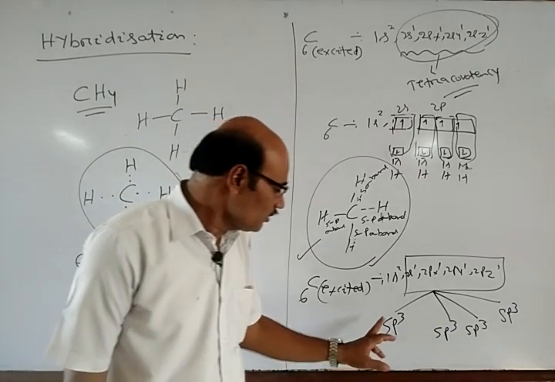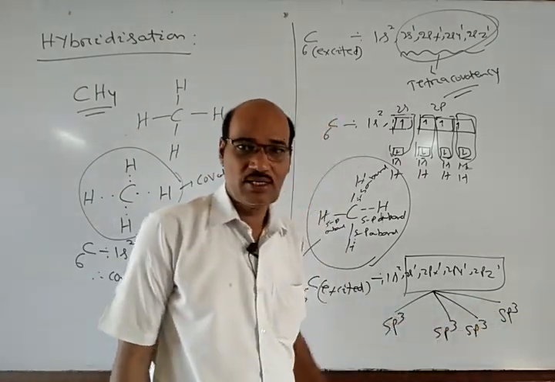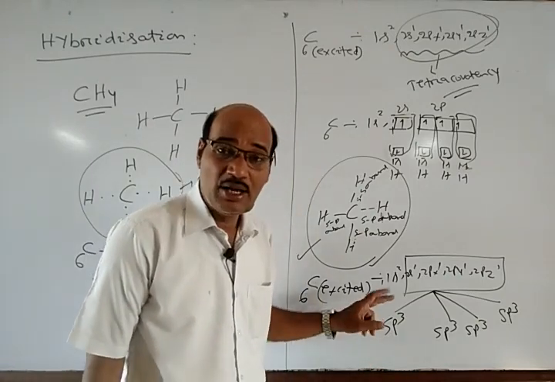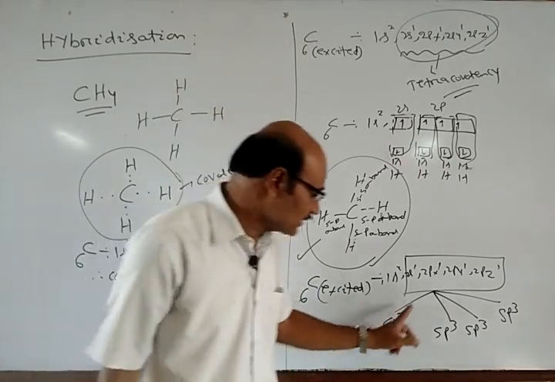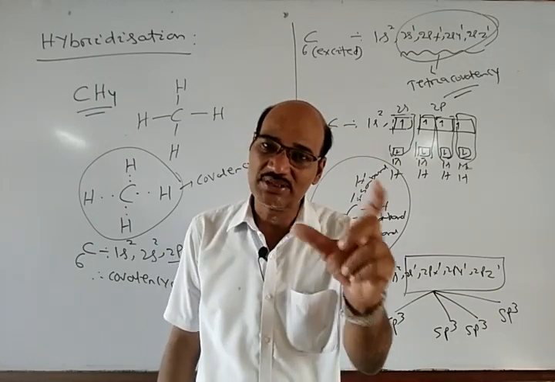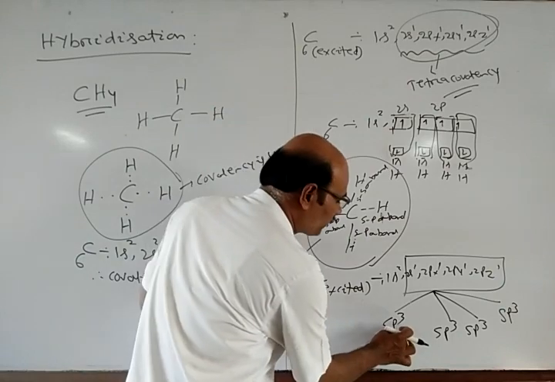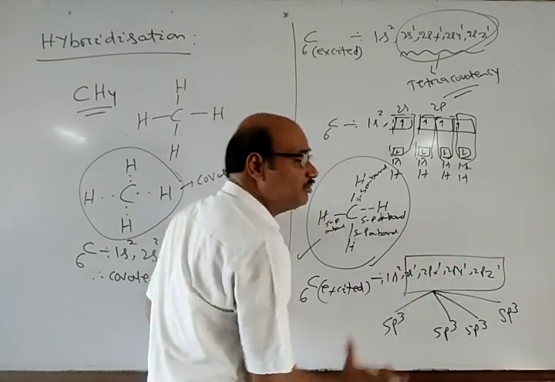Now all these 4 orbitals are the same, so when these sp3 hybrid orbitals of carbon form bonds with hydrogen, the bond length and the nature of the bond will be the same. These are called hybrid orbitals, and the process is called hybridization.